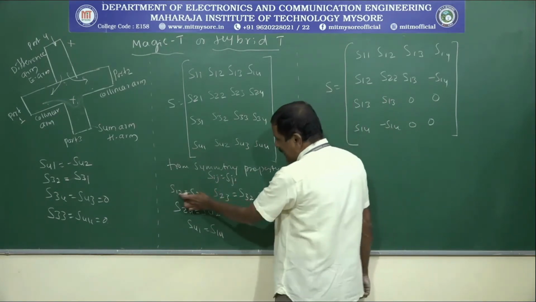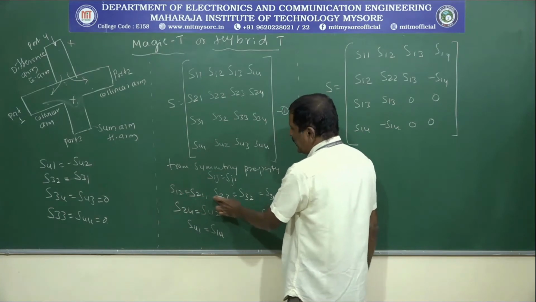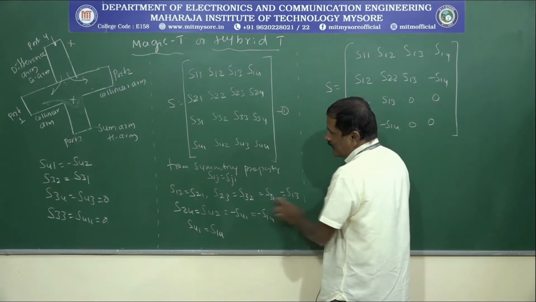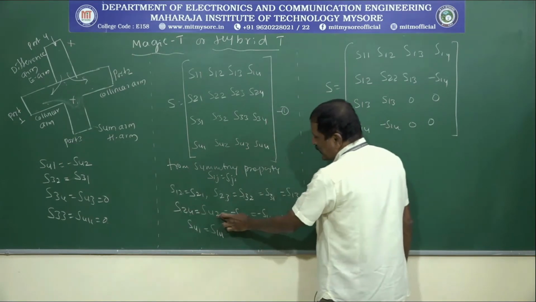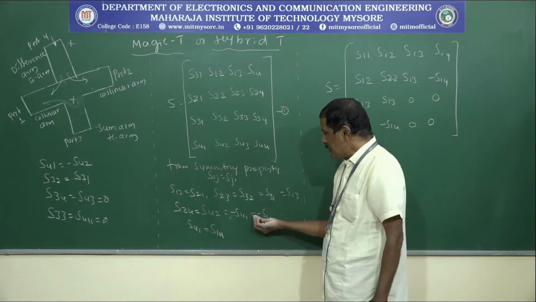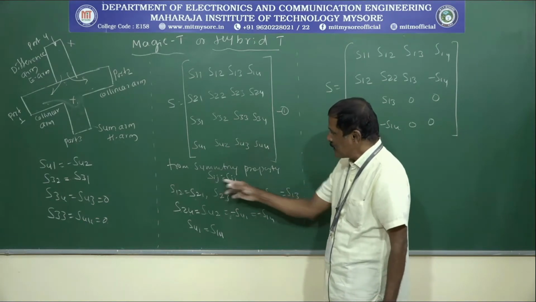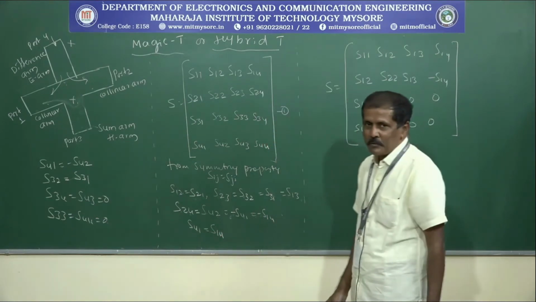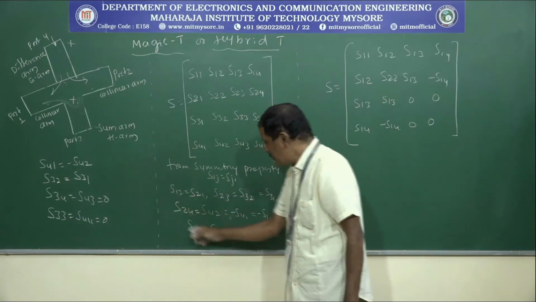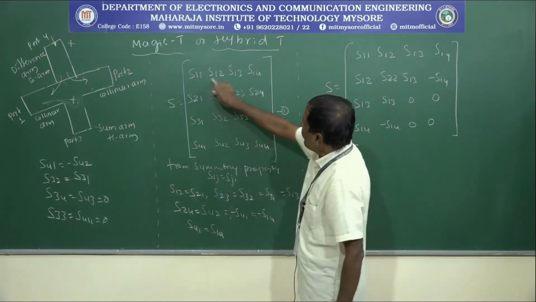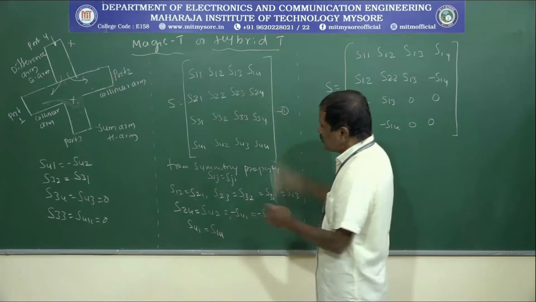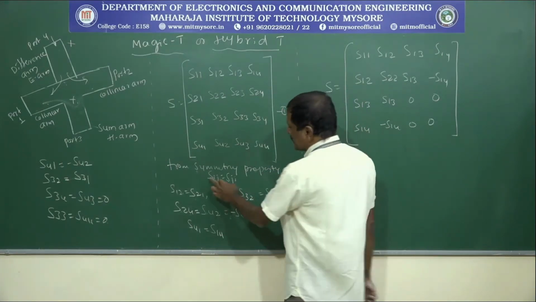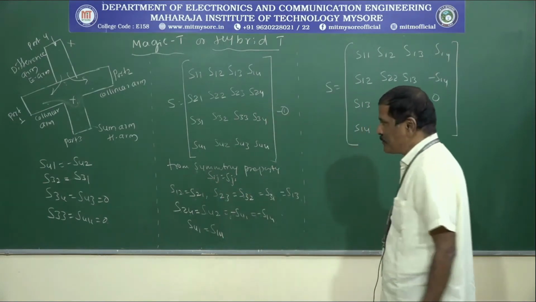So I can write S12 is equal to S21, S23 is equal to S32, S31 equal to S13 and S24 equal to S42, and minus S41 is equal to minus S14, because of the symmetry property, and also S41 is equal to S14. All these equivalent values are based on the basic symmetric property of the S parameters, Sij is equal to Sji.